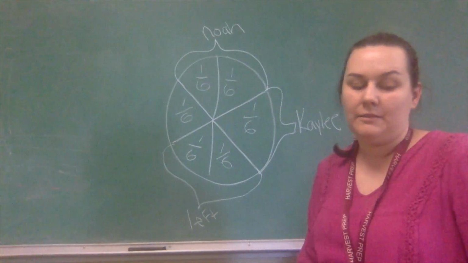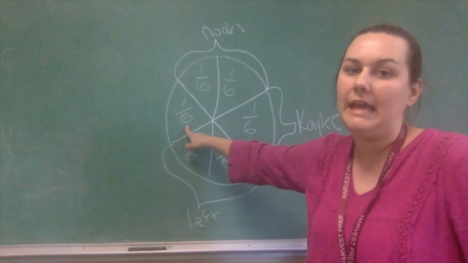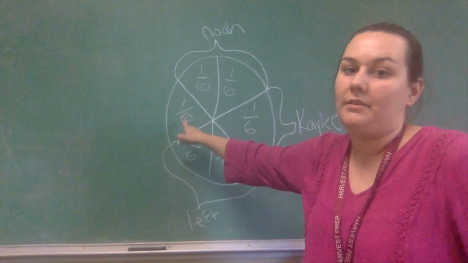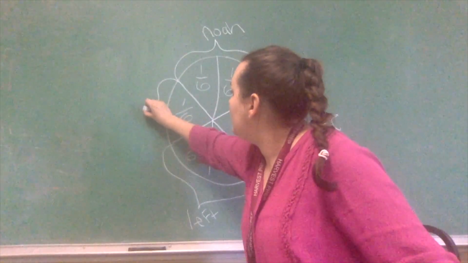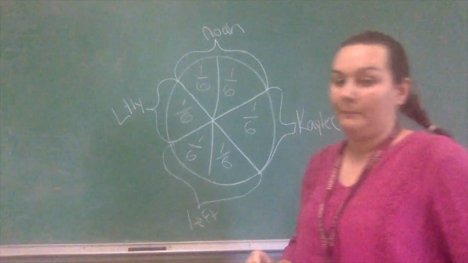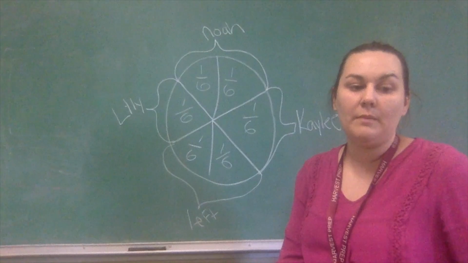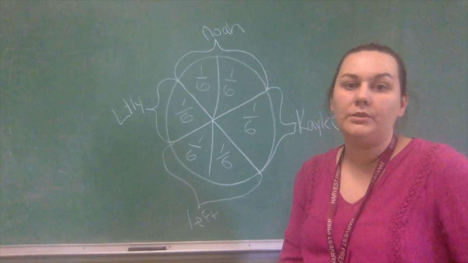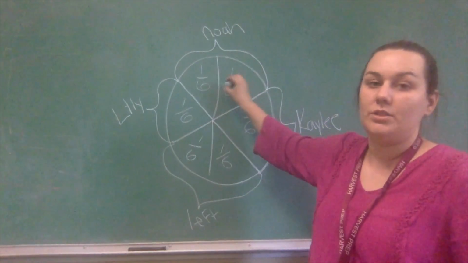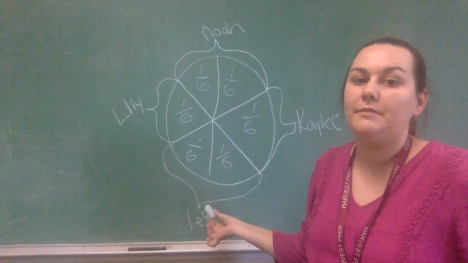And then what does that give me for how much Lily ate? Well, there's only 1 slice left with nothing on it, so this is what Lily ate. So I can do it with a picture. I could also add up and say 2/6 plus 1/6 plus 2/6 gives me 5/6.